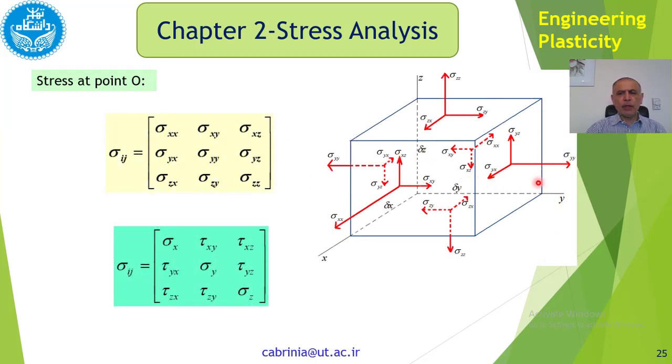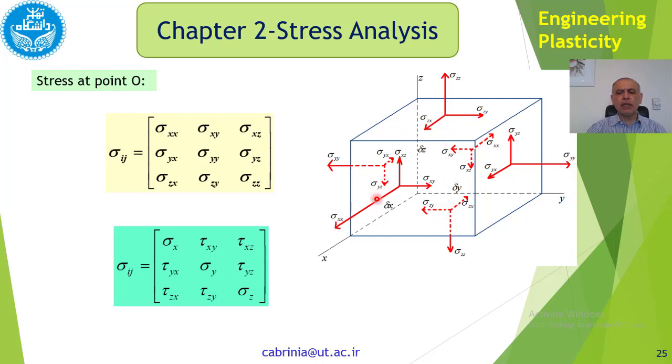And stress at a point can be shown like that. We show an infinitesimal point with a cube. Okay, so as you can see, this cube has many faces, in fact 6 faces, and on each face or on each plane like that we can show the components of the stresses.